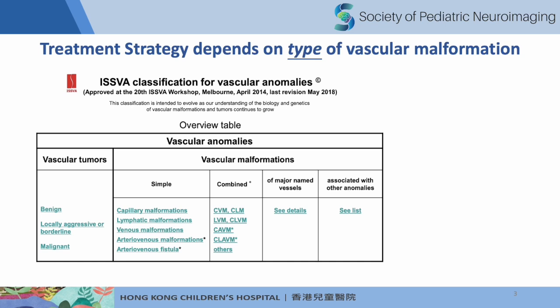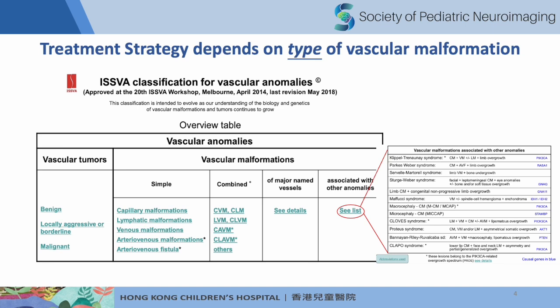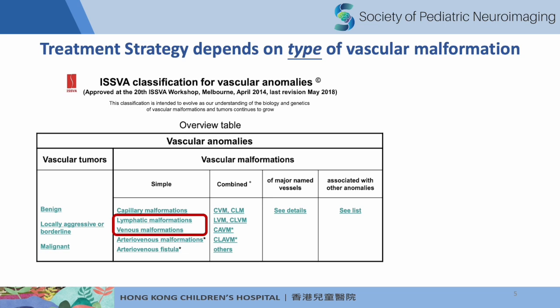And if we then break it down to those that are associated with other anomalies, there are a lot of conditions that have genetic associations, as well as complex phenotypes. So my talk is not going to be covering this, and we'll be focusing mostly on the simple vascular malformations, particularly lymphatic and venous malformations.